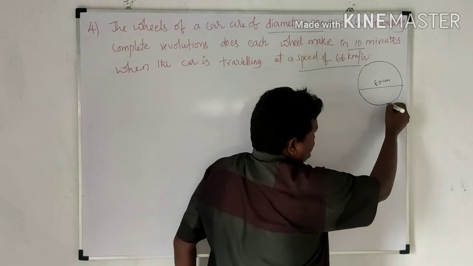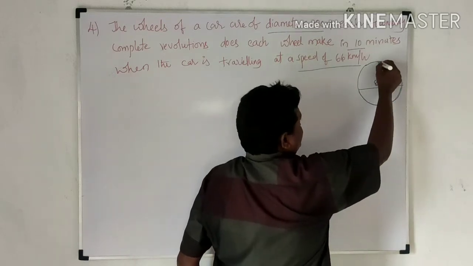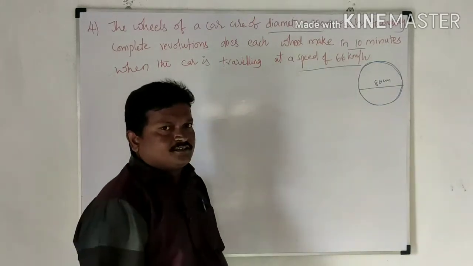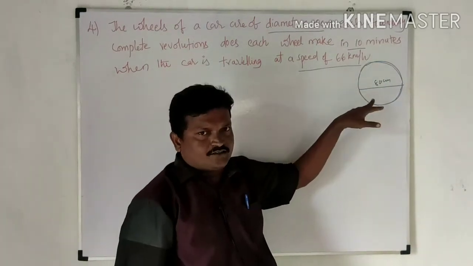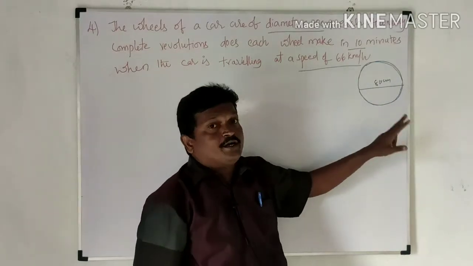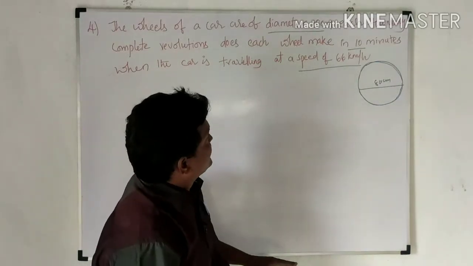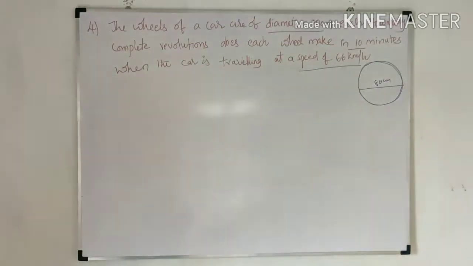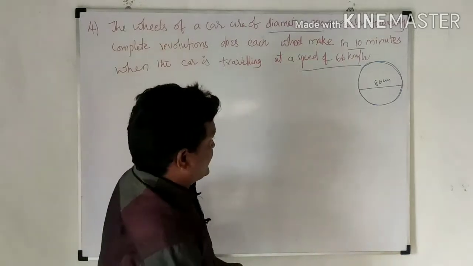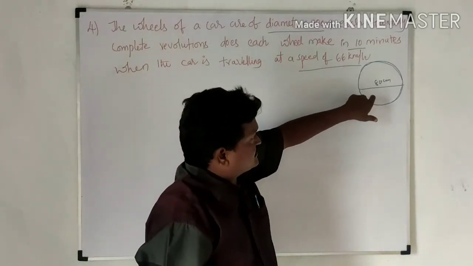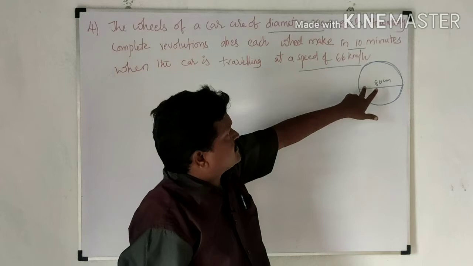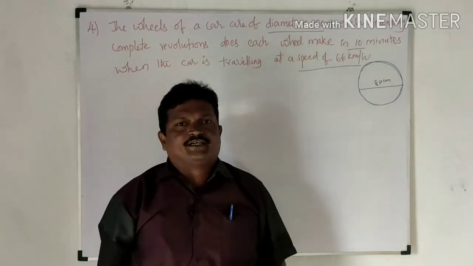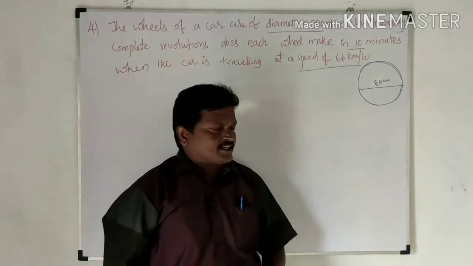One complete revolution means from here to here and it joins at the same point. That is called one revolution. Like that, how many such revolutions will the car make in 10 minutes with the speed of 66 kilometers per hour? Okay, let us try to solve.